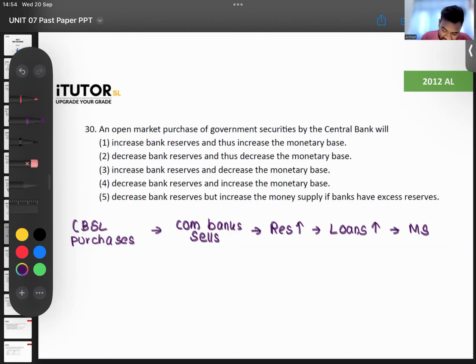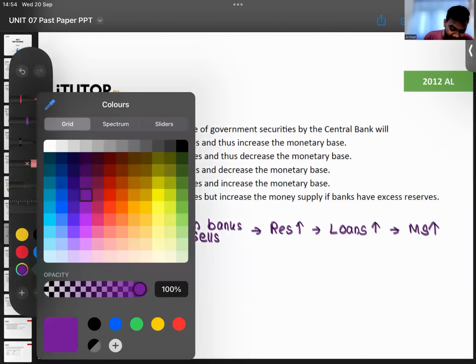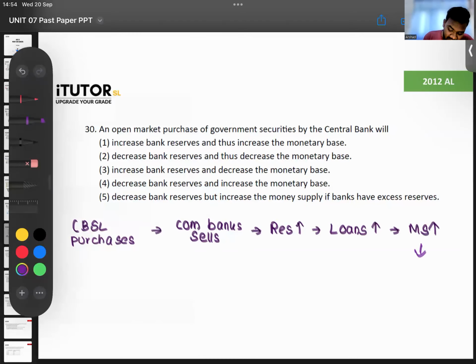Money supply will increase. What if we continue further? If the money supply increases, what will happen to aggregate demand? Aggregate demand increases. If the aggregate demand increases, what happens to the price level?